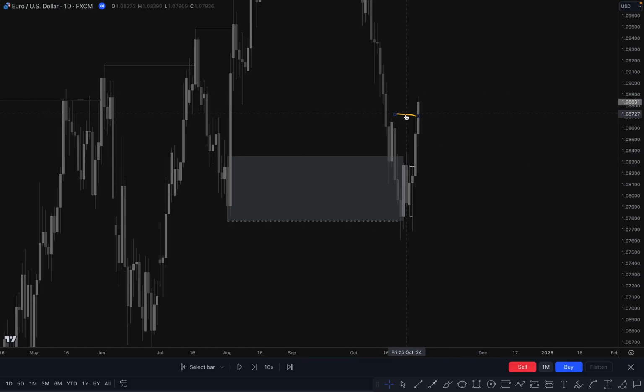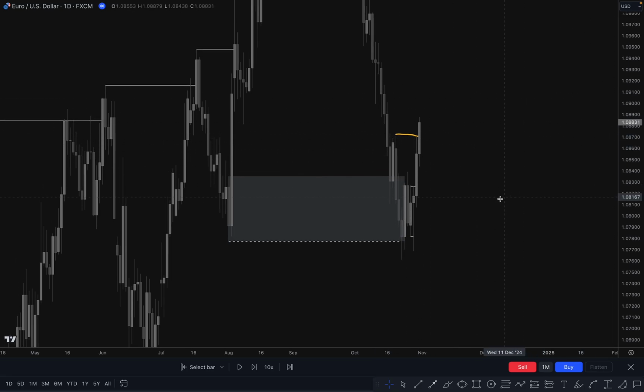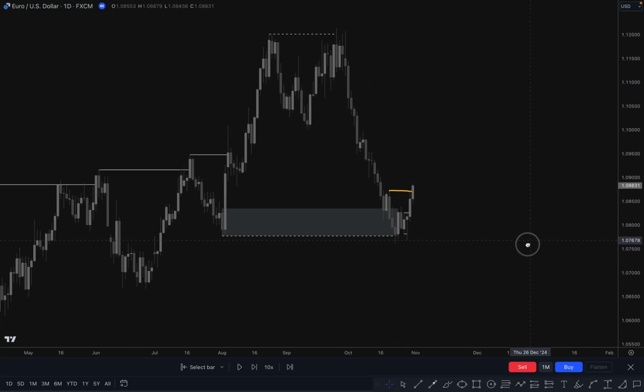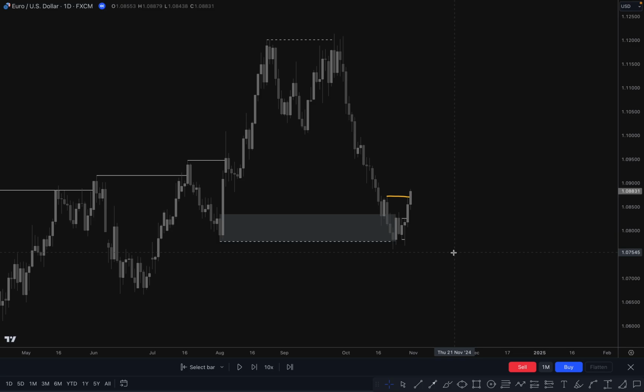And if I go on the daily, you can see it lines up with that 4 hour. The internal high on the daily is broken, where you had the first one here and then a second one here. And like I said, using this strategy, you're really able to anticipate these early reversal moves.